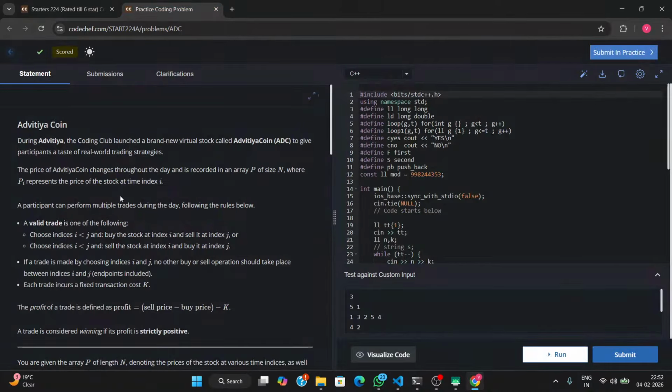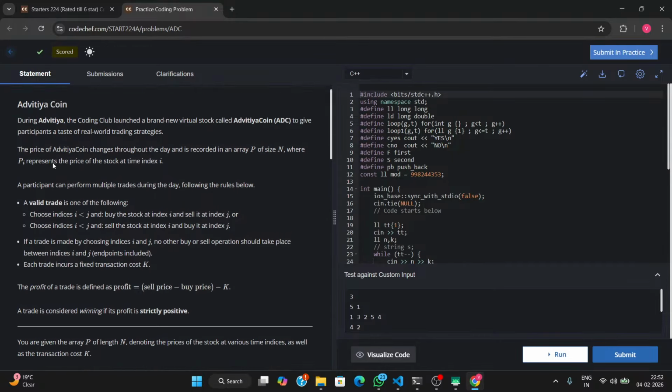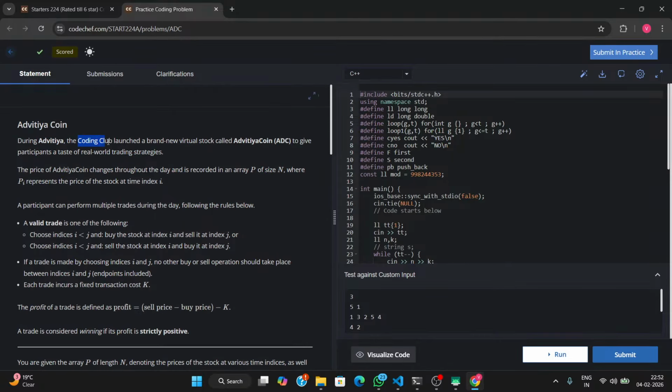So let us discuss the third problem of crypto. There is a coin. This is a stock problem. During this, the coding club launched a brand new virtual stock called Advitiya coin to give participants a taste of real world trading strategies.